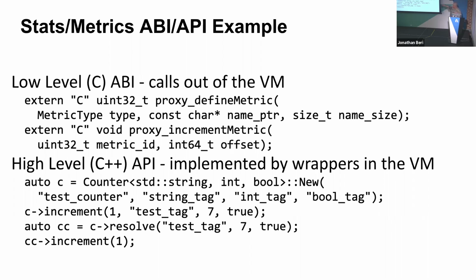And then you have an interface to resolve it, which converts that set of tags into an ID, so that when you do this increment, it's going to be fast, just one function call. So this is the dichotomy we have: really low level versus a language-specific high-level API that feels comfortable for your C++ or Rust program or whatever.